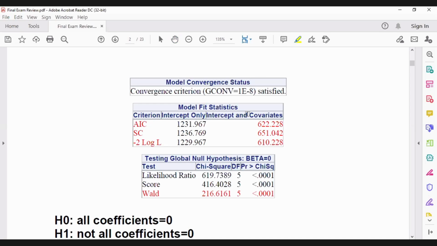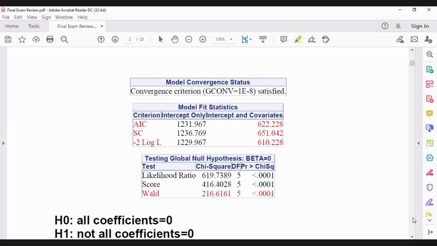We need Akaike, Schwartz, and -2 log likelihood to compare the models, a full model versus a reduced model. The best one should have the lowest Akaike, the lowest Schwartz criterion, and the lowest -2 log likelihood.